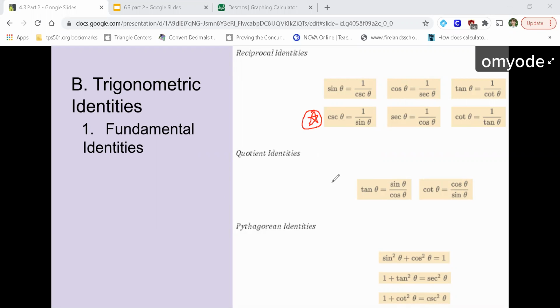I don't think the quotient identities should be too shocking to you. I mean, these follow directly from those definitions that we had at the start of class.